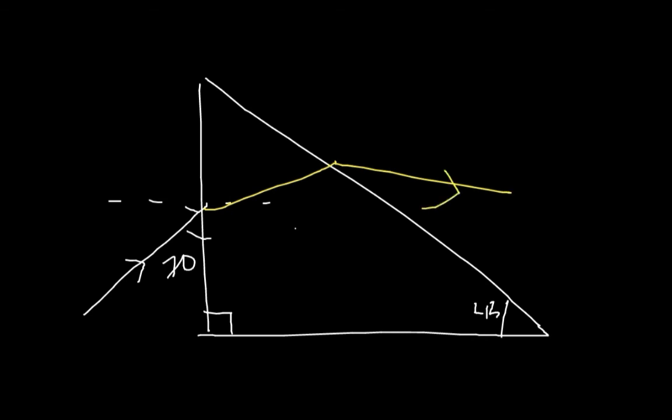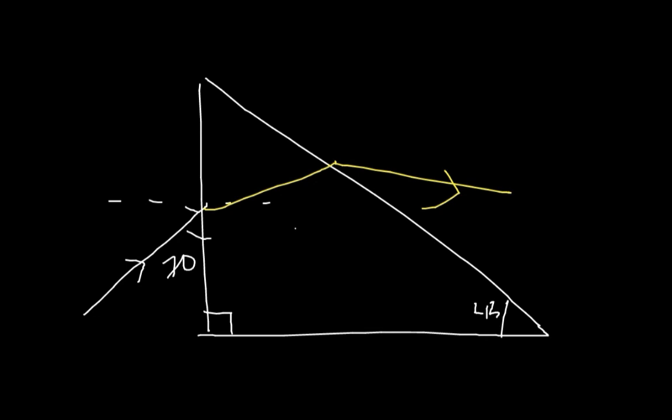Here you don't need to mark any angles because you can't do it. 70 degree is not a standard angle. Sin 60 you know, sin 70 you don't, that's why. You don't need to do angles here and you will get full marks here.